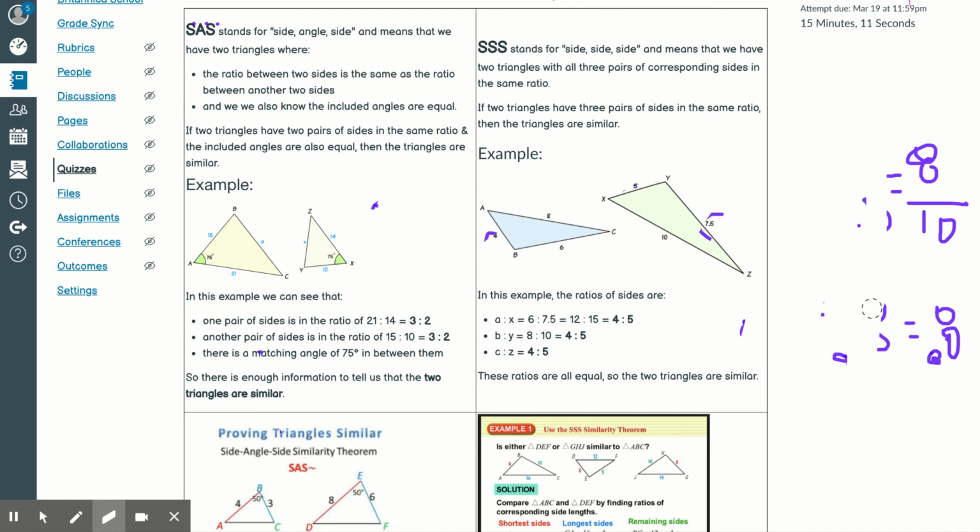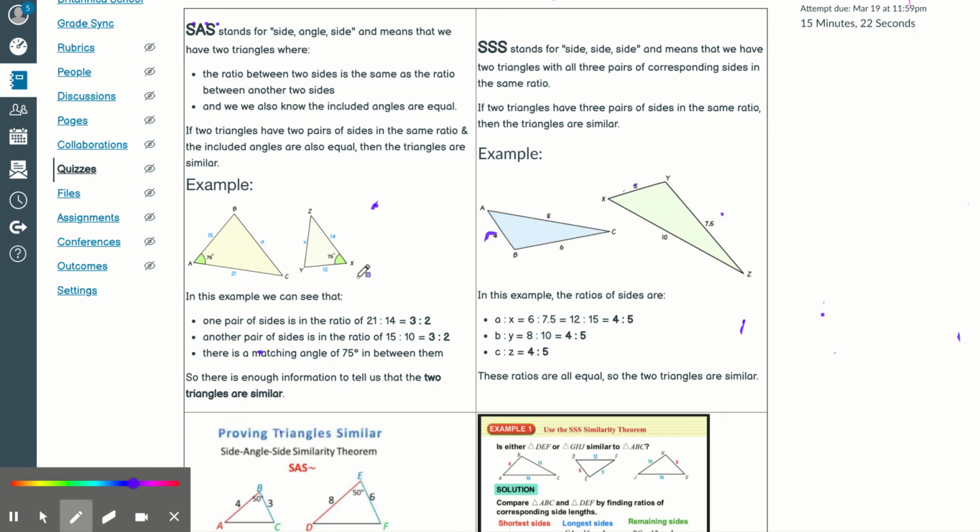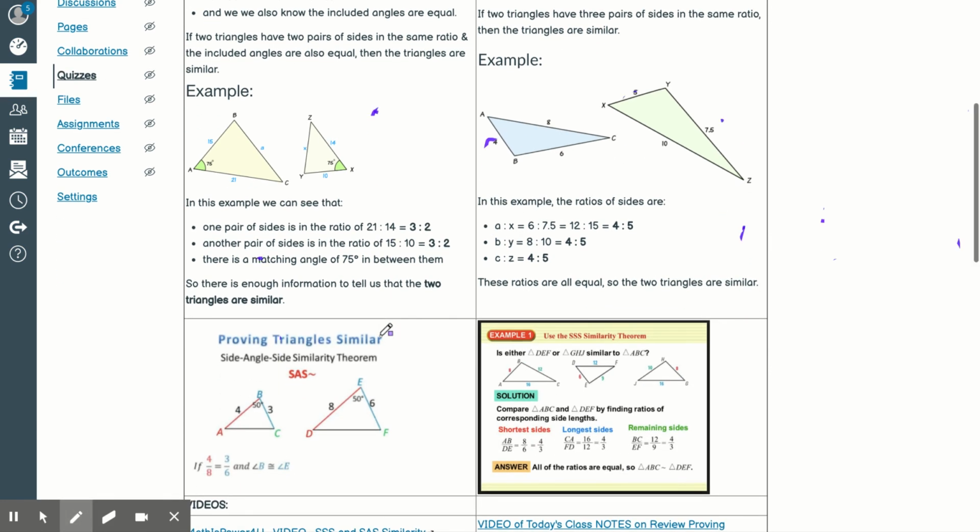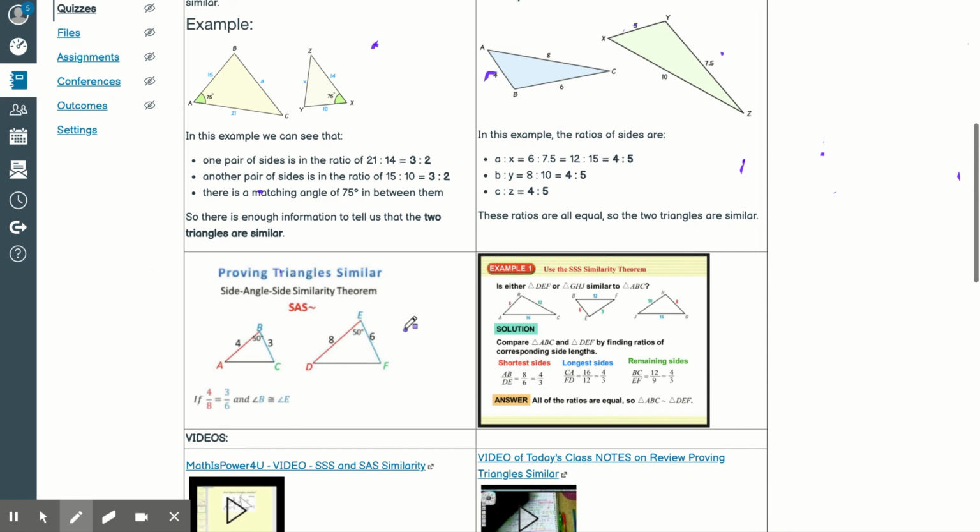All right, so that's all you're doing in this particular lesson. You probably have a question where you might have to identify the angle-angle similarity. But other than that, it should just be you identifying whether the two triangles are in fact similar. And if they're not, you say they're not.